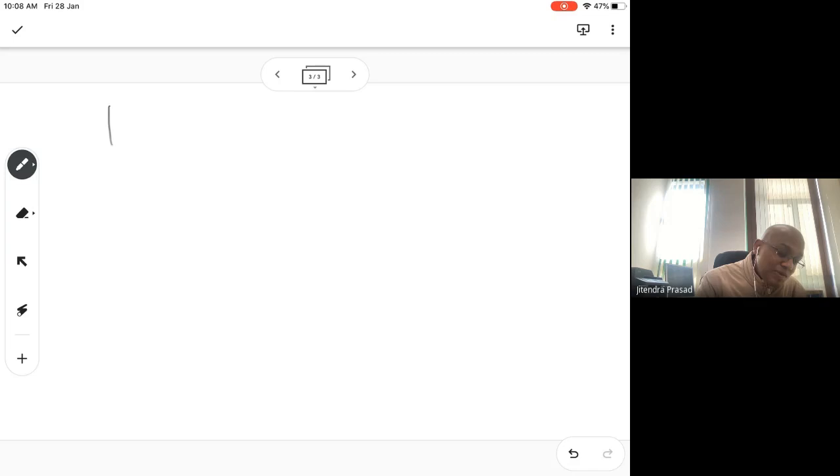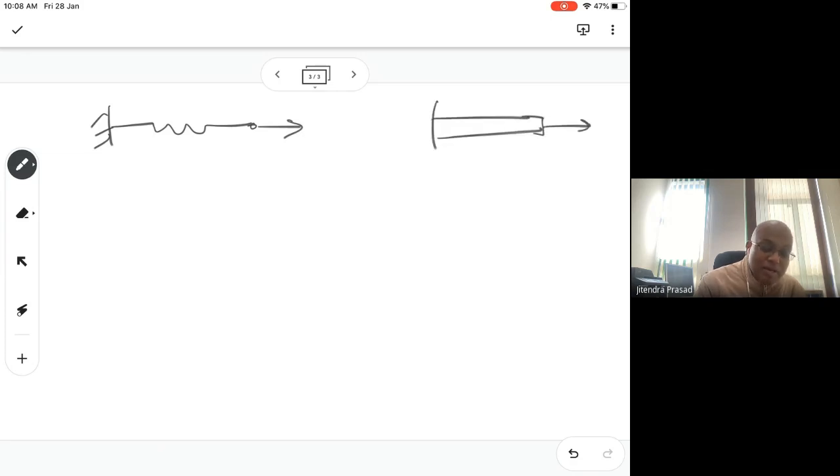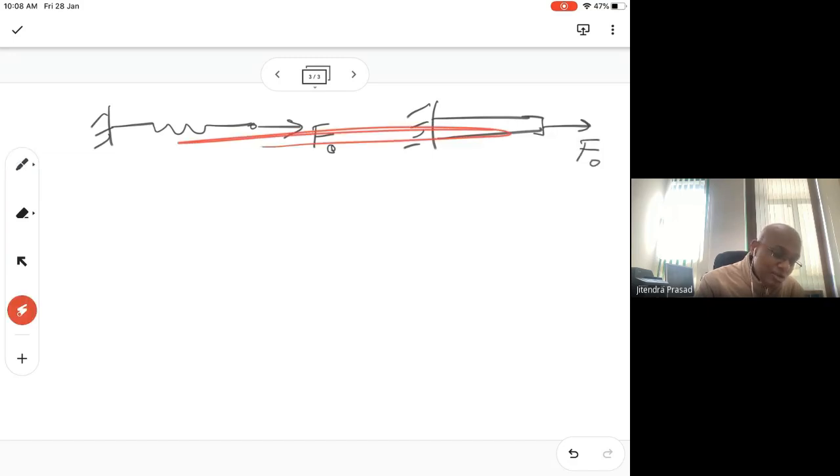So in this case, if you have a simple spring like this, or you can have a simple bar with a force applied at the end, similar kinds of things. So you have a force applied F, let us say F naught. Both are equivalent, as you know, but the spring is easier, meaning easier to understand.